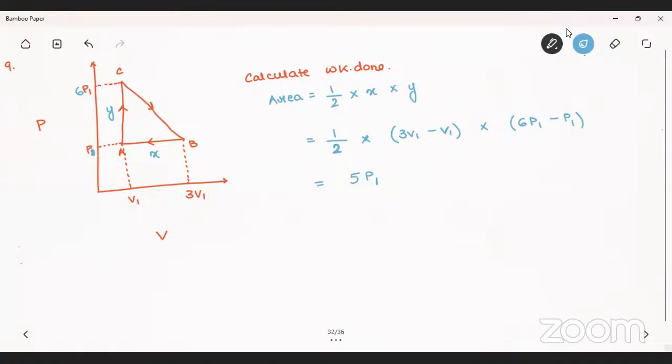P1 and here the V1 will come. So 5 P1 V1. Up to this clear? So what will be the work done? It is clockwise or anti-clockwise? Clockwise. So negative of 5 P1 V1. Is this sum clear?